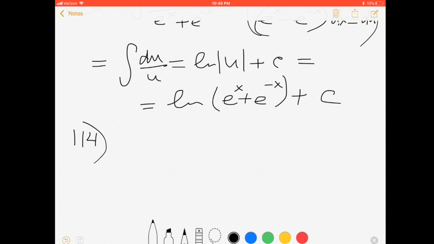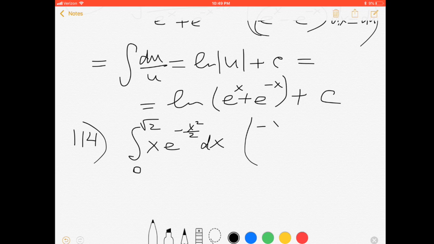Okay, and our last question is 114 from your section 5.4. It will be the integral from 0 to square root of 2 of x e to the negative x squared over 2 dx. Simple substitution: your power, negative x squared over 2, will be u.